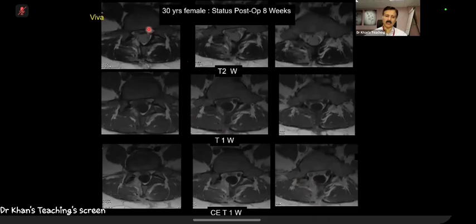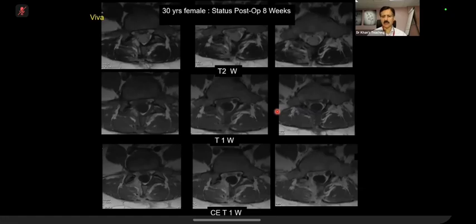On the other hand, this thing here is a disc, which is a residual disc or recurrent, whatever. But usually, it all depends how experienced you are. MSK radiologists who have developed their eyes, they actually can differentiate between fibrosis and disc without contrast.